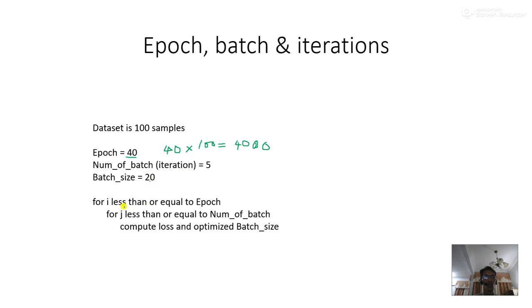So it's just a loop: for i less than or equal to epoch. Epoch is 40, so you repeat it 40 times, and from there you compute the loss and optimize per batch.